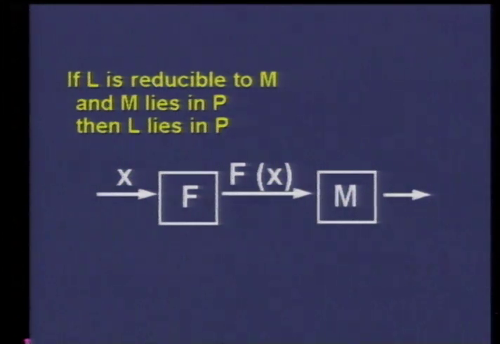Assuming that we have a box that will decide membership in M in polynomial time, then to solve problem L on an input x, we simply transform that input through the polynomial time transformation f to a new string f of x, and then present the new string to the decision procedure for M. The concatenation of these two operations, according to the definition, solves problem L.